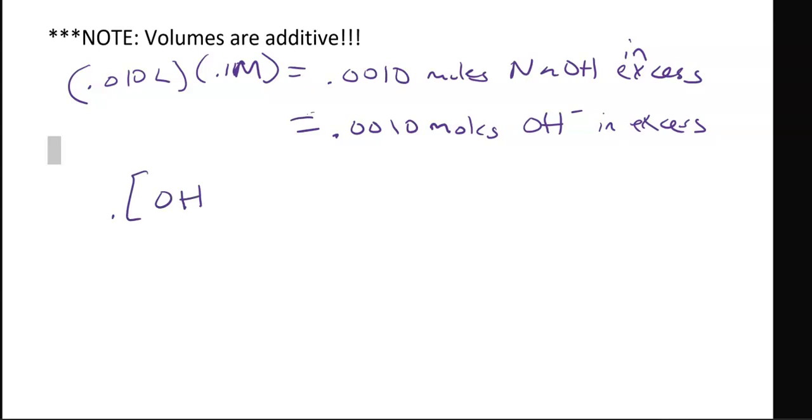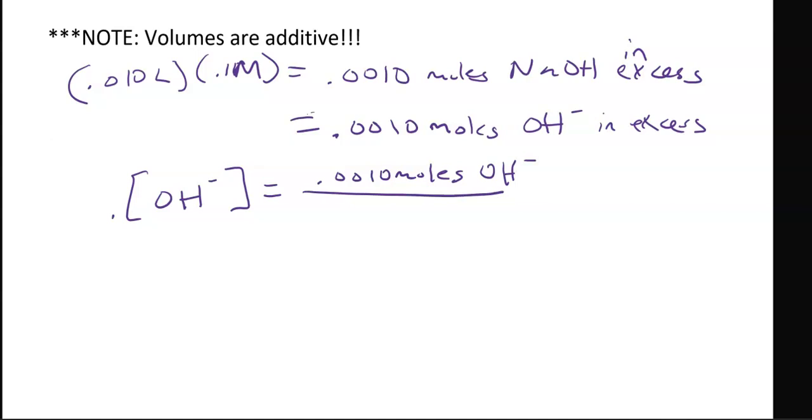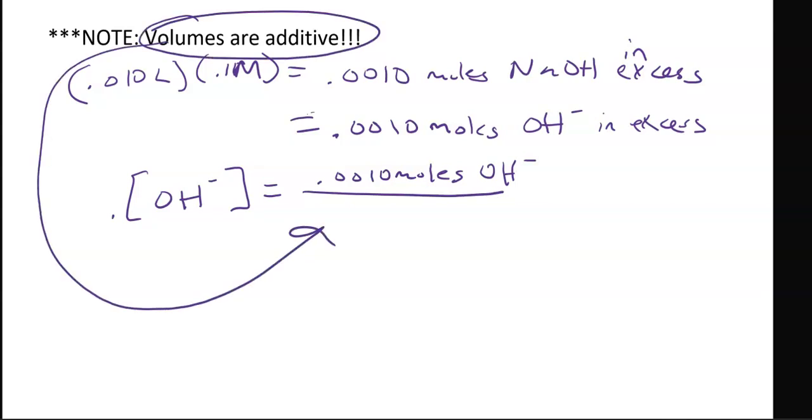So how do we figure out the hydroxide concentration? I take my moles of hydroxide ion that are in excess, and I'm going to divide by, thinking volumes are additive, the total volume of solution. So let's go back and think about it.